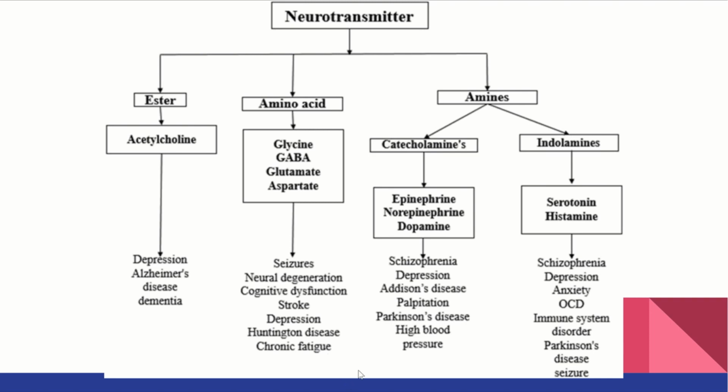So just some things to pick up on, things like where depression falls, where anxiety falls, just so you can get a sense of how important neurotransmitters are for the normal functioning of our nervous system. And that will round out our lecture on neurotransmitters.